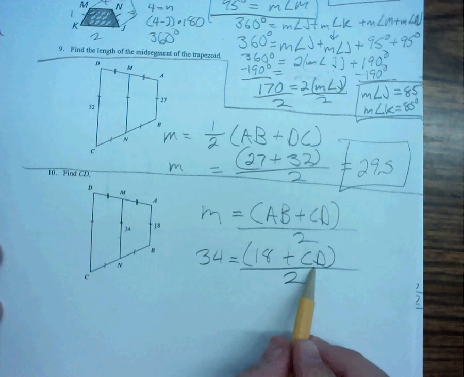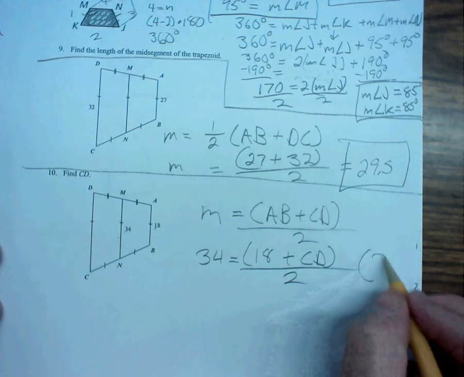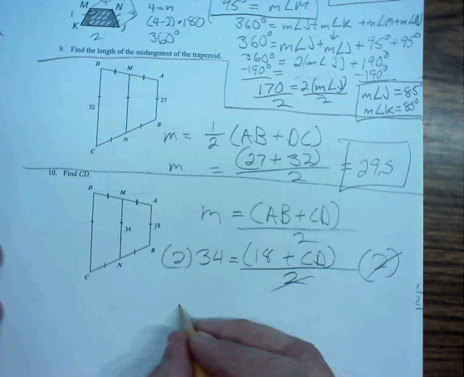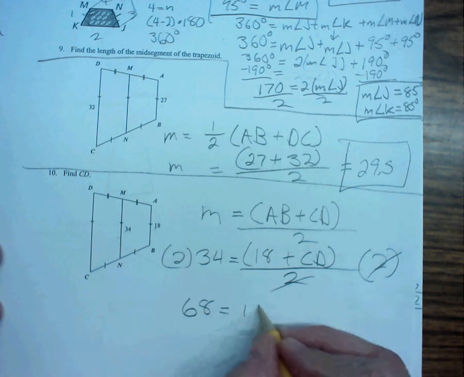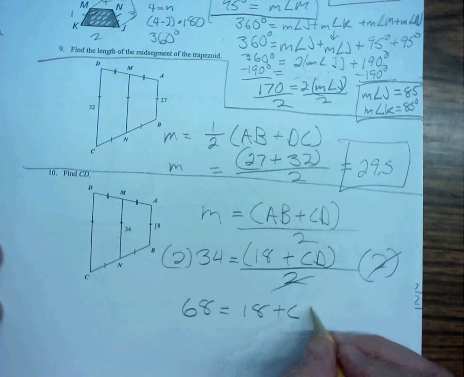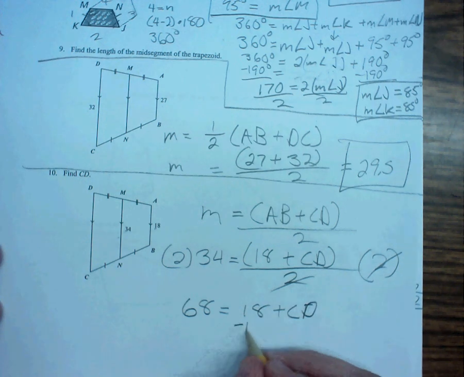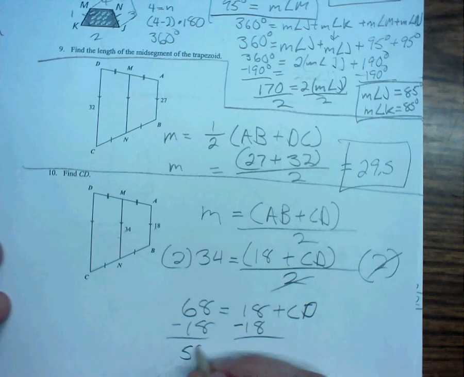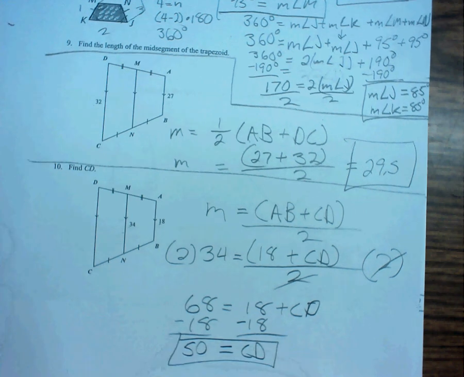I want to get the CD by itself, so the first thing I do is multiply both sides by 2. These cancel, and I get 34 times 2 is 68, is equal to 18 plus CD. Subtract 18 from both sides, and I get 50 equals the length of CD. Okay?